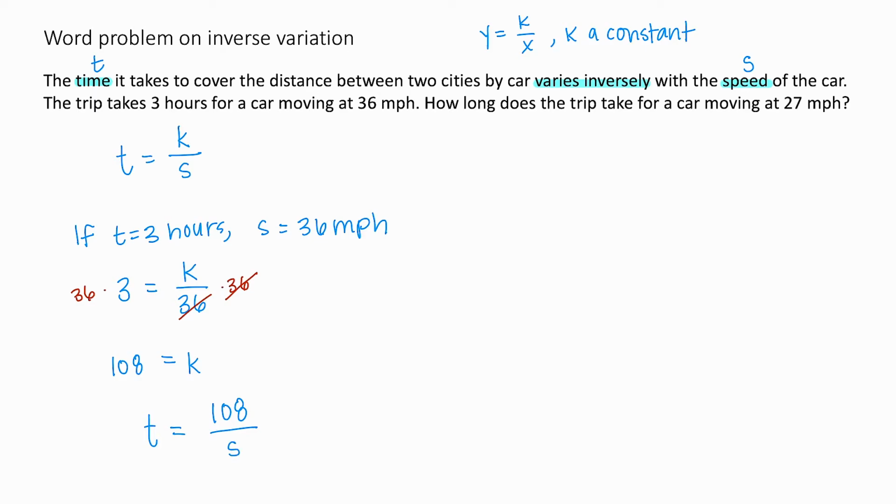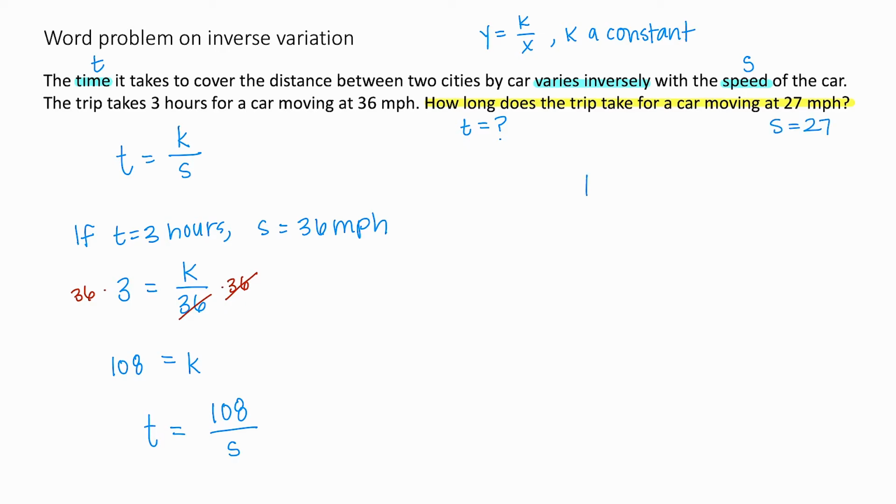Okay? So now my question asks, how long does the trip take for a car moving at 27 miles per hour? So that says time is what if a car's speed s is 27.